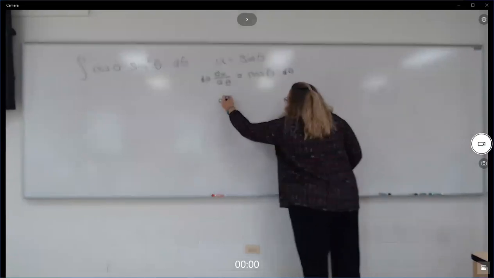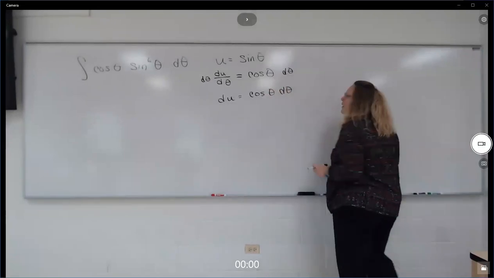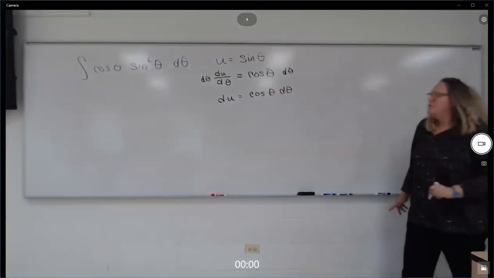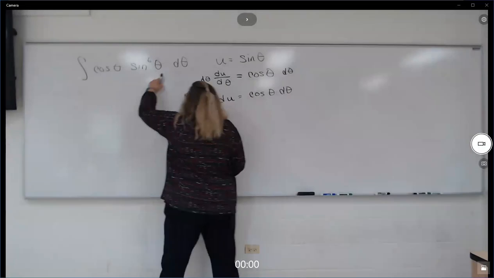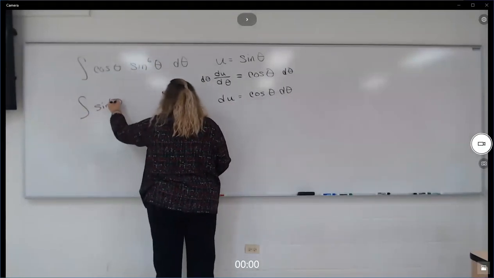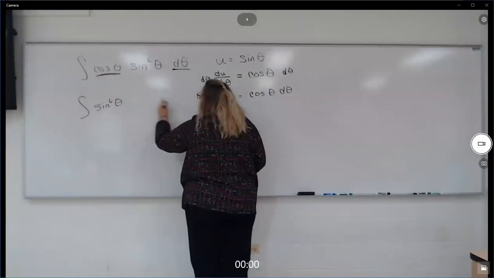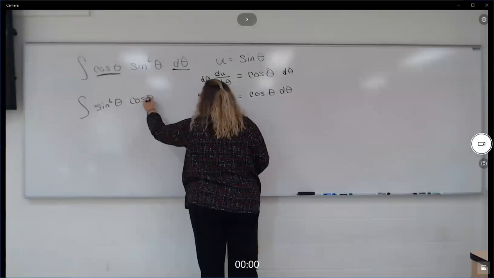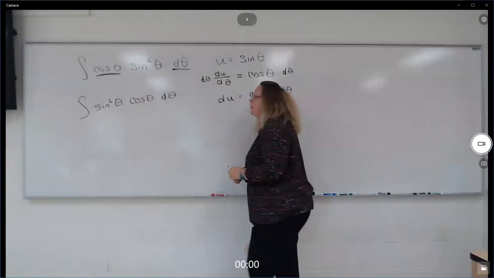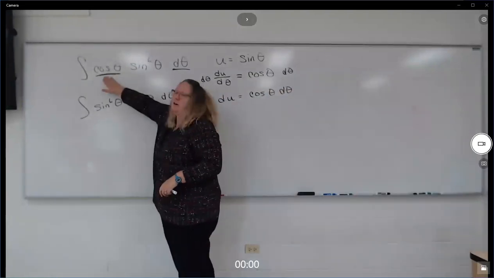So we have du is equal to cosine of theta d theta. So this guy's the one I use. Sometimes I move that to the front so I see what's left. I have not touched this. I have not touched this. So I'm just going to rewrite it, cosine of theta. Remember, too, a lot of times we put the smaller thing first.